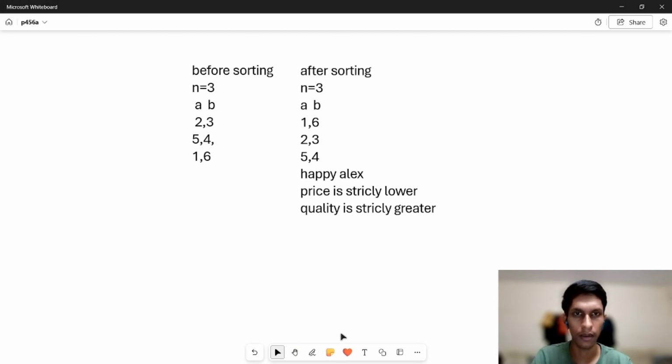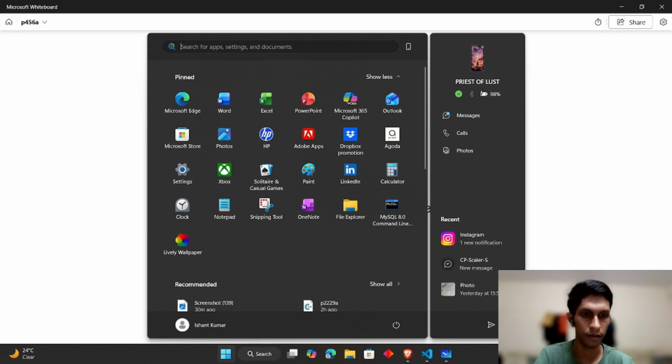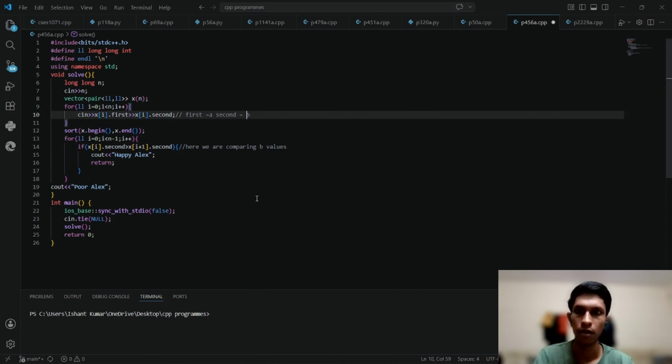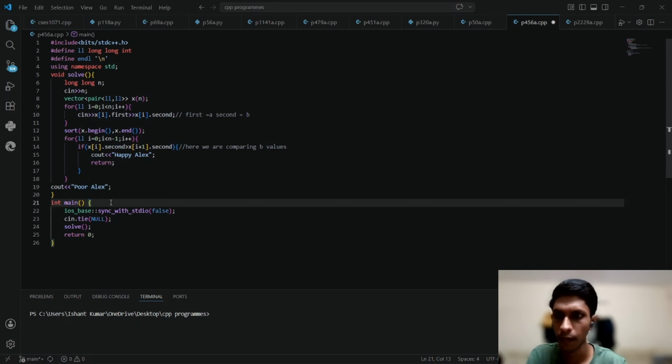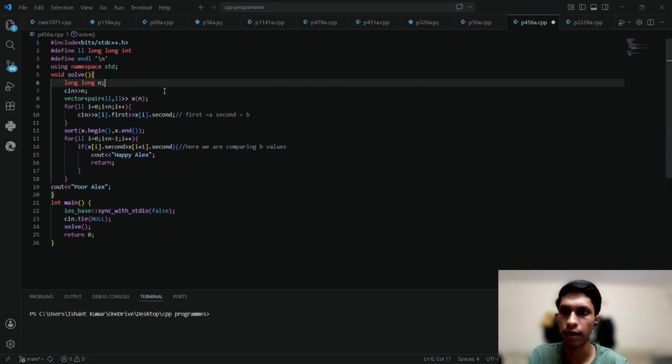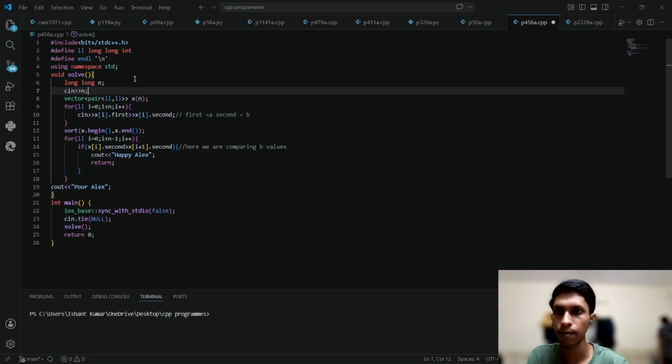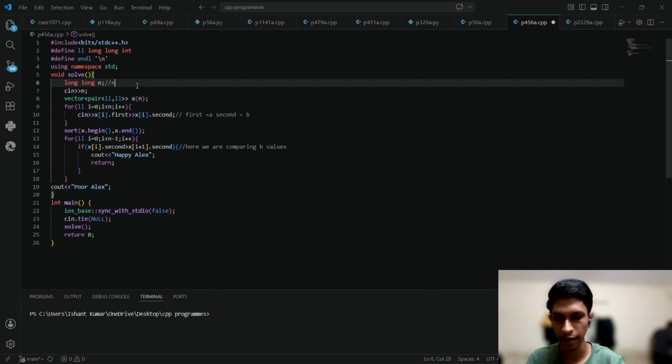So let's see how the code runs for it. This is the code that I have written. Since we are not given any test cases, we'll not take T. Here n will be the number of laptops.